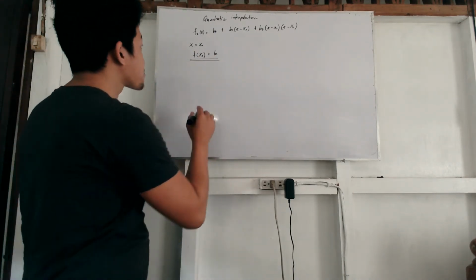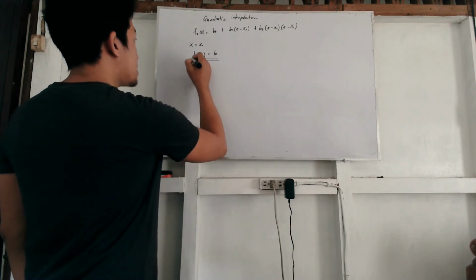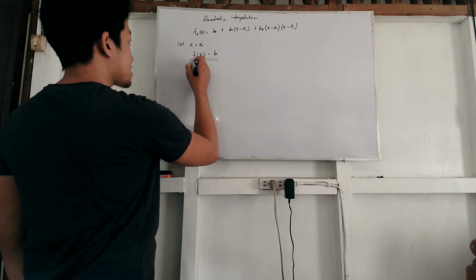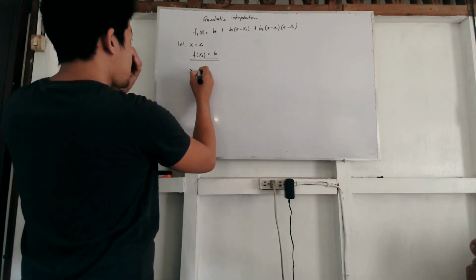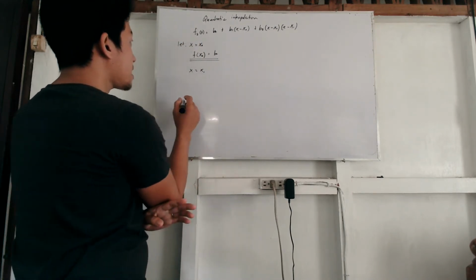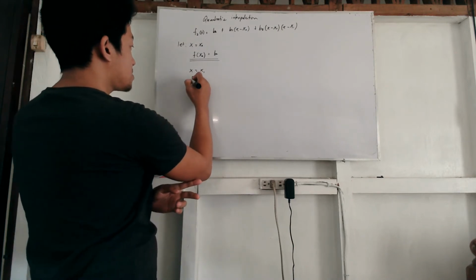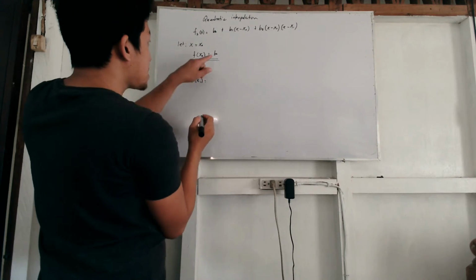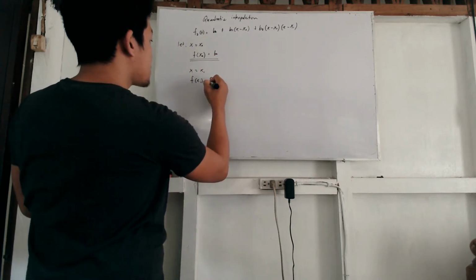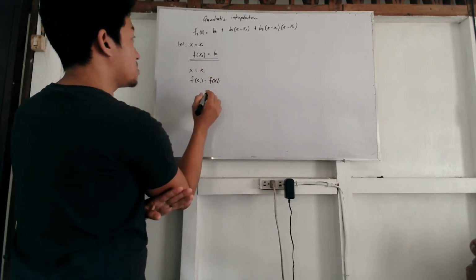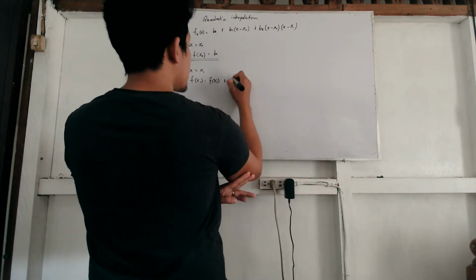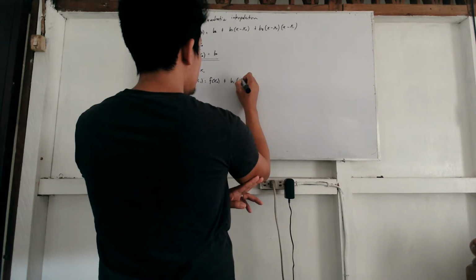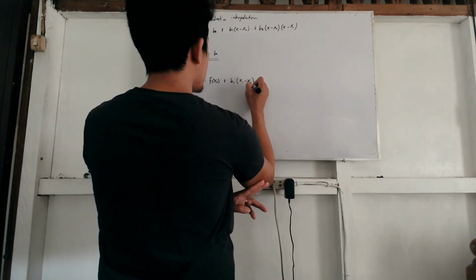And then after that one, let x be equal to x sub 1. Okay? So this becomes f of x sub 1 is equal to b0, which is f of x sub 0, plus b1 times x sub 1 minus x sub 0.